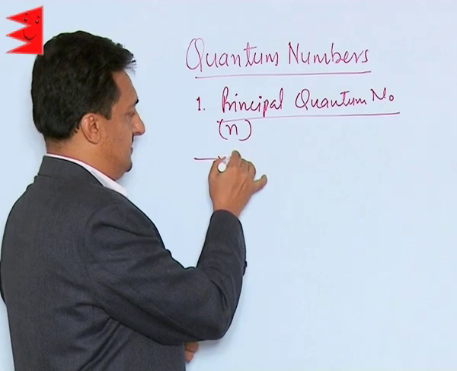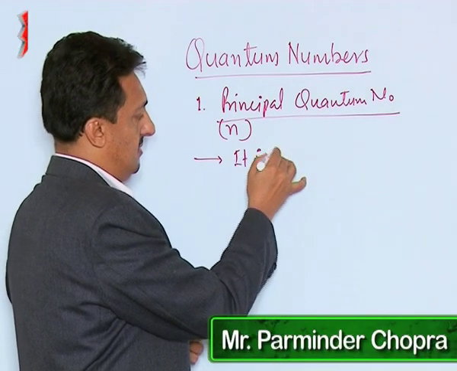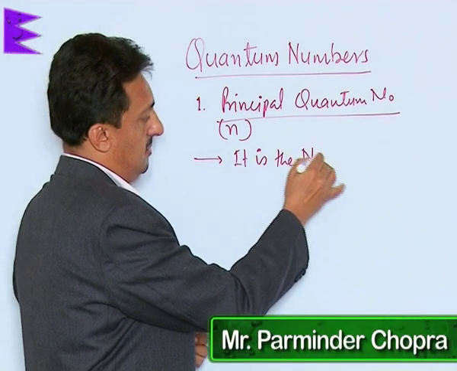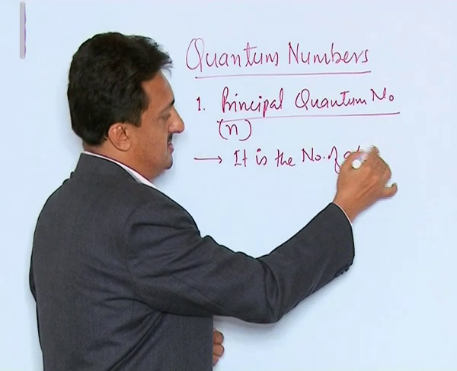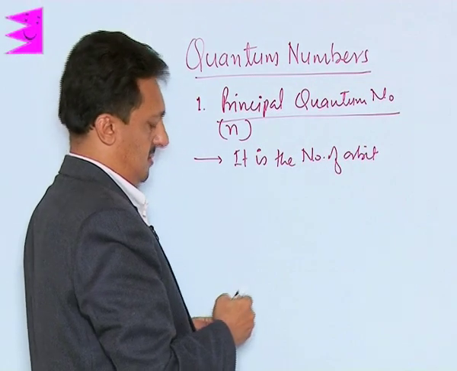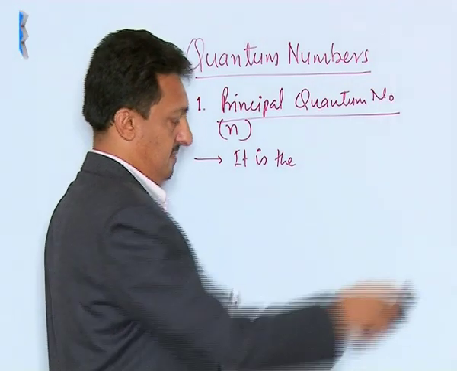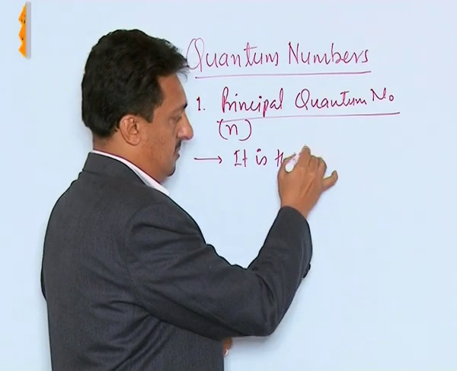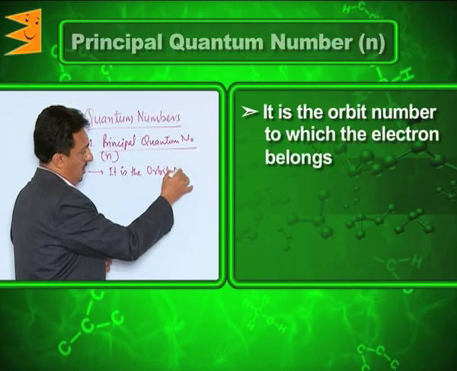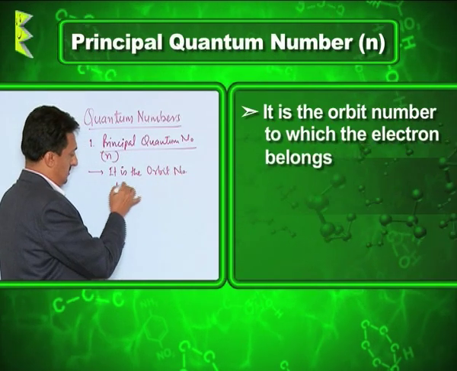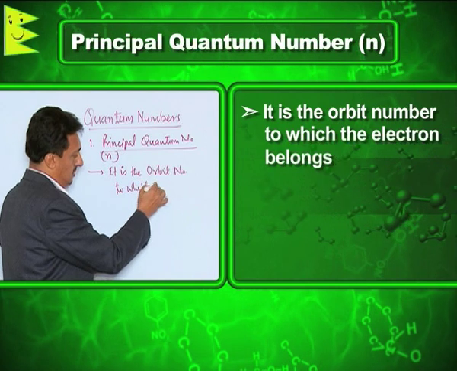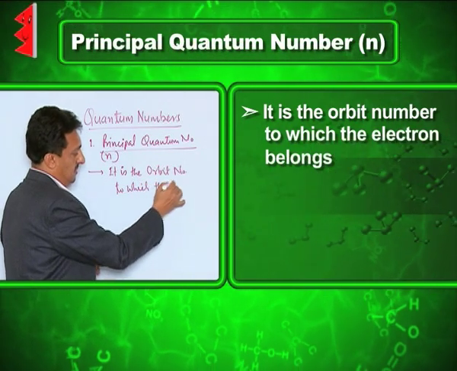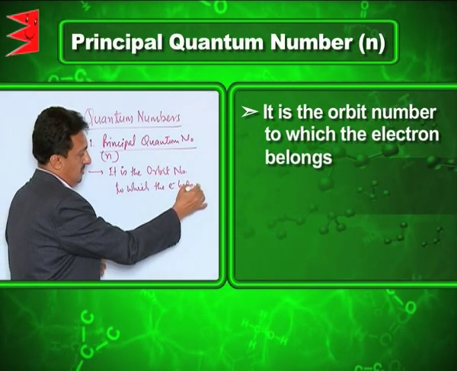It is the number of the orbit, or we can say it is the orbit number to which the electron belongs.